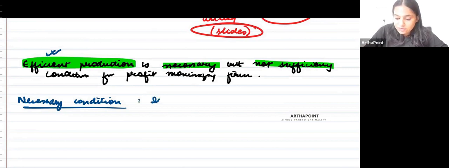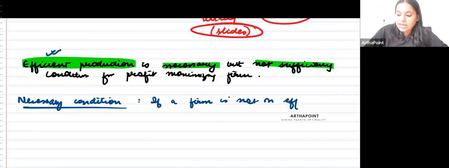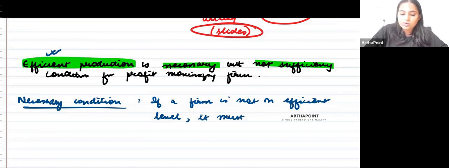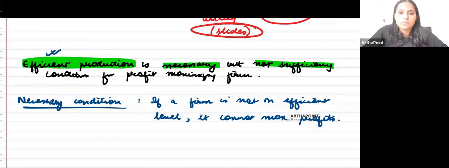So if a firm is not on the efficient level, it cannot maximize profits. If not efficient, definitely not profitable.